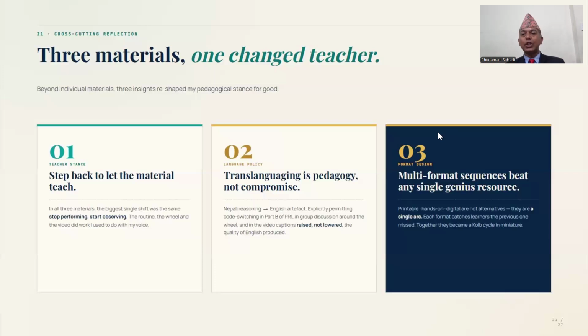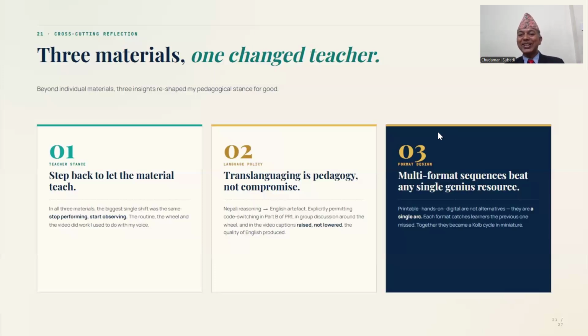Format design: multi-format sequences beat any single genre resource. Printable, hands-on, digital are not alternatives. Educators may think, printable is one, hands-on another, digital another.